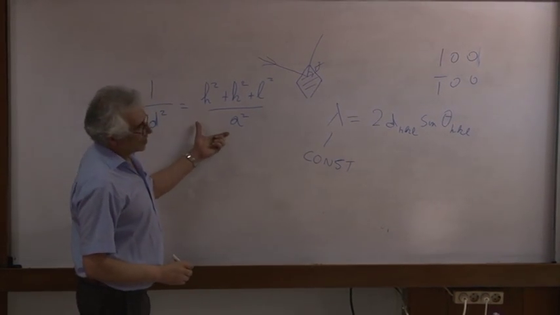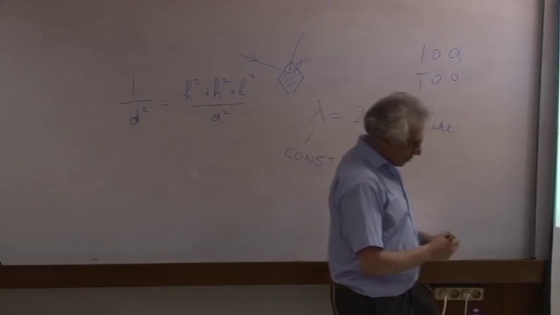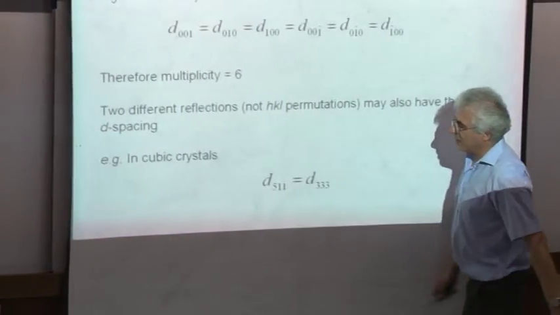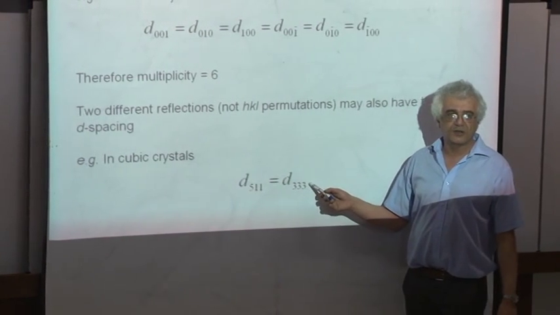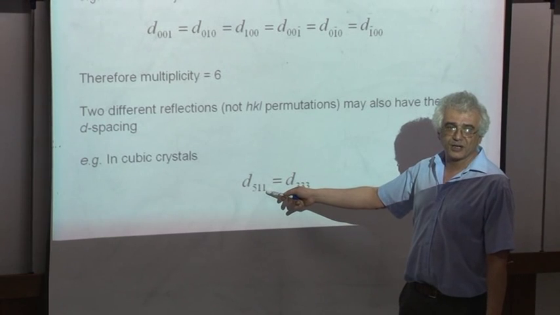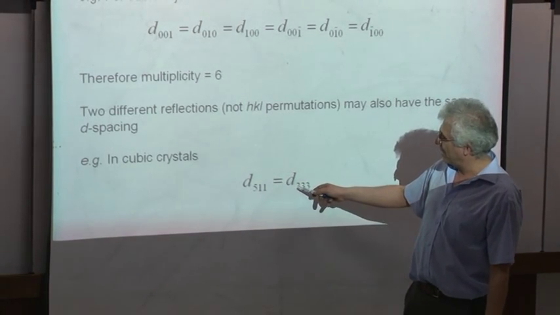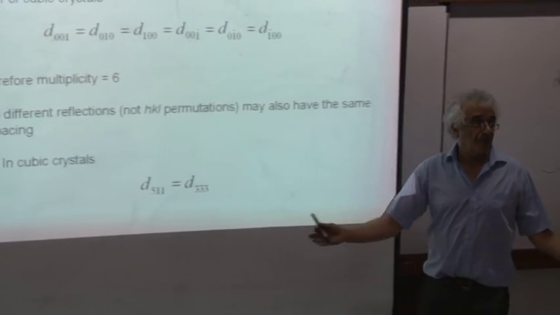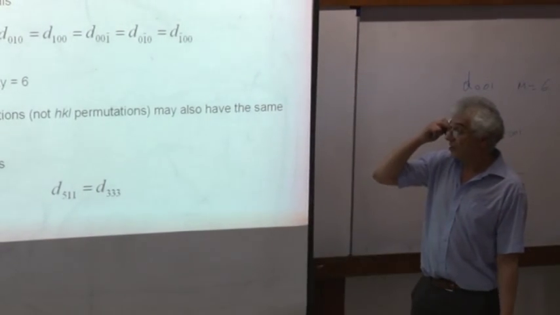A simple calculation reveals that D511 is going to be identical to D333, because H squared plus K squared plus L squared here is the same as 3 squared plus 3 squared plus 3 squared. So it comes out as an identical D spacing.